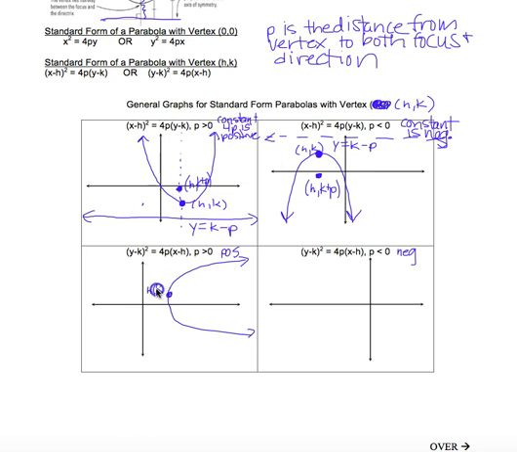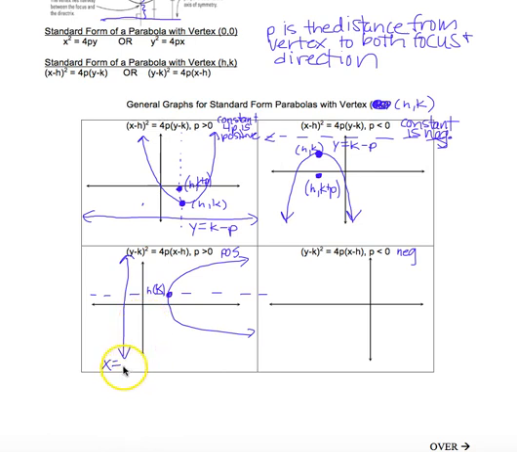But once I have it, again, now my axis of symmetry is a horizontal line, and in order to be perpendicular to a horizontal line, I need a vertical line. So I'm going to draw my directrix here, and its equation is no longer y equals, it's x equals, and it's going to be the x coordinate.